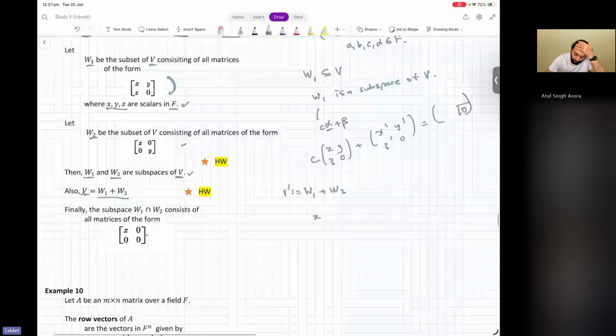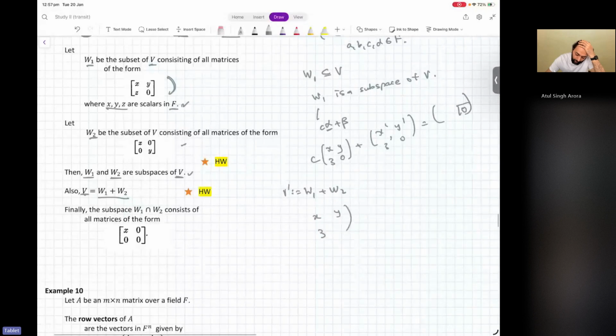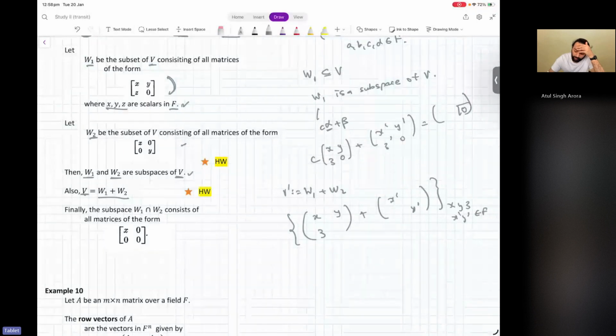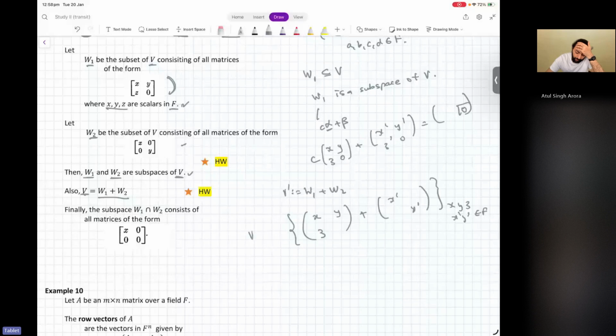It is the set of all such matrices with X, Y, Z, X prime, Y prime all belonging to F, correct? Yes, sir. Now we just want to argue that V prime is actually equal to V, which is straightforward.